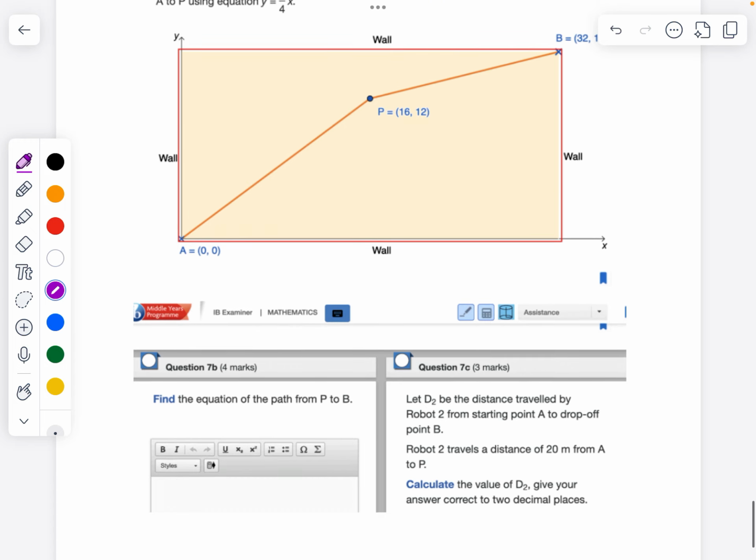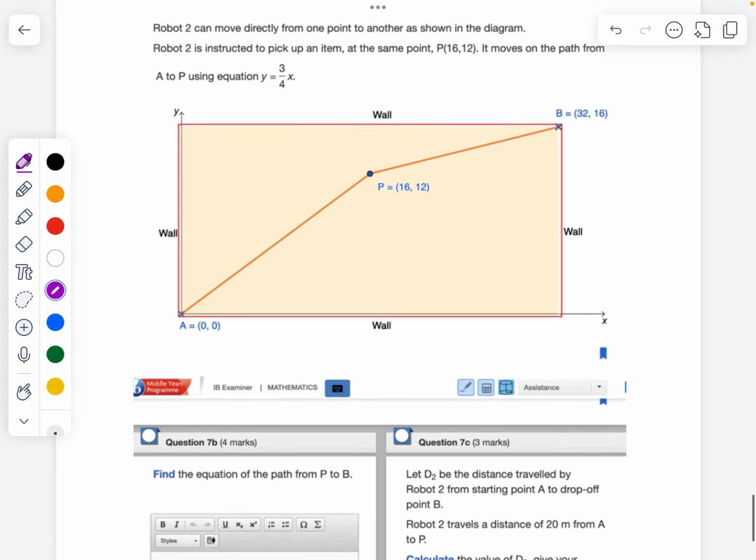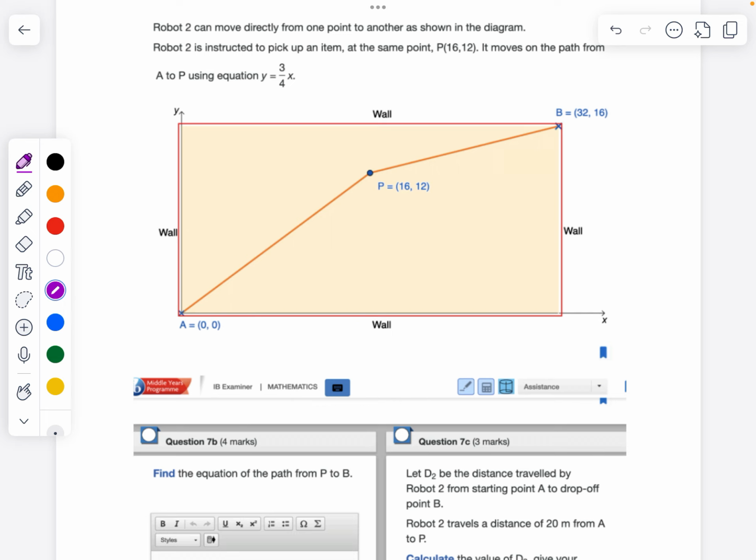Right, and then we're going to move on to, I think this is the last 2 questions we're going to have a look at. So the next question is a different robot. And the first question says, can we find out the equation from here to here? So the first thing we need to do is work out what the gradient is. So y2 minus y1 over x2 minus x1.